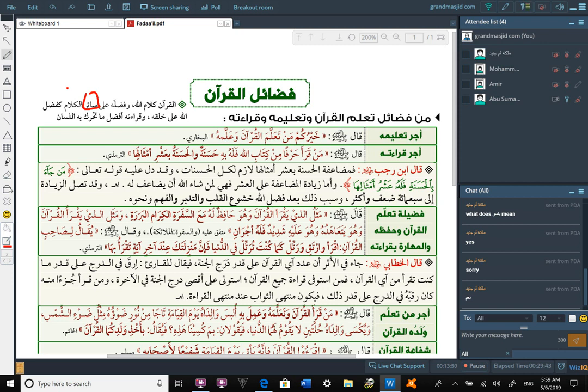Min fada'il, and fada'il, as we said, is the plural of fadila or fadl, and normally it is mamnu' min as-sarf, meaning it does not take a kasra. But since it is in a position here of being mudaf, it is able to take the kasra. So, min fada'il ta'allumi.